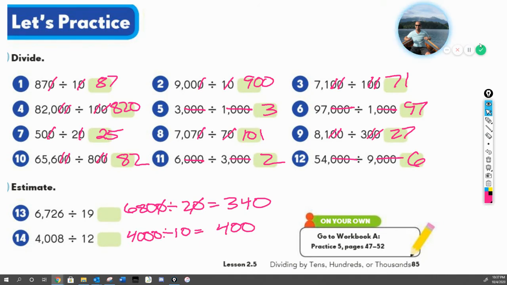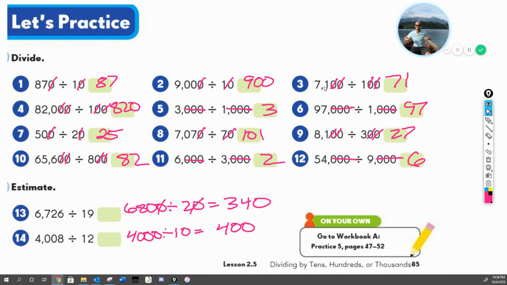All right, amigos, is this where you ended up? Hopefully. You'll notice I do my little zero crossing out trick that they demonstrate by dividing by 10, dividing by 100 and whatnot. But you've got to be careful with that. It's not like you can just cross out all the zeros. If I'm dividing by 10, I can cross out 1 and 1. You're crossing them out in pairs, okay? You need 1 from each number to match up.